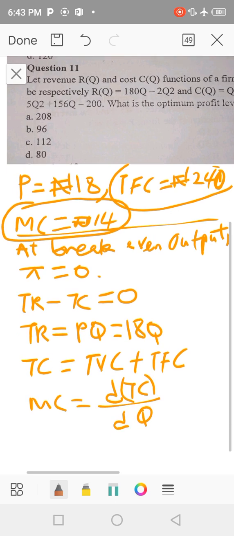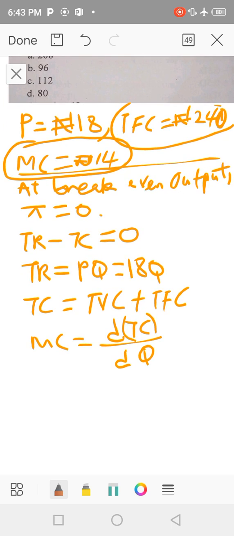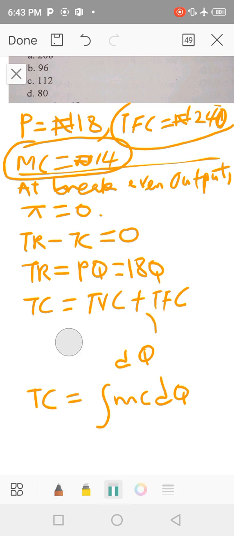So what does that mean? That means our total cost will be the integral of marginal cost, still with respect to Q. We don't need the differentiation; I just used it to explain the integration.